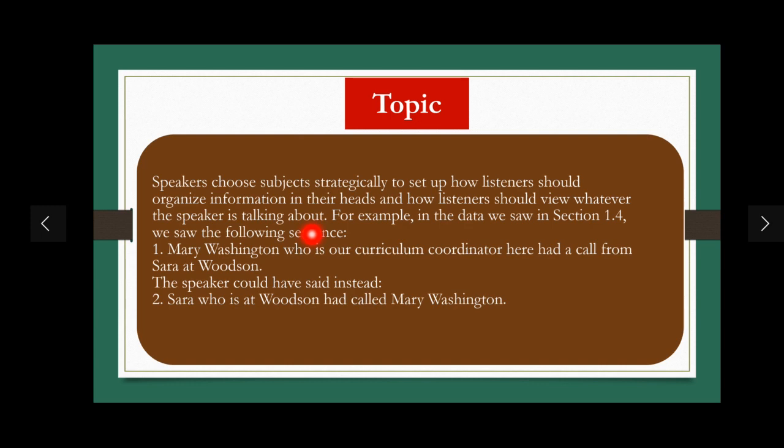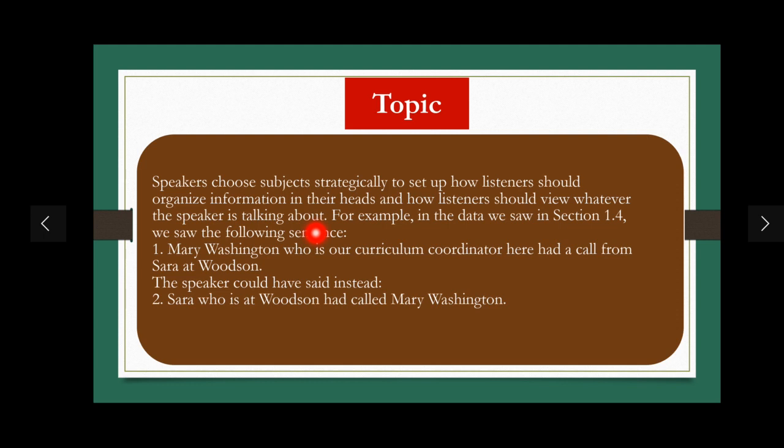Like, "my daughter was admitted to Stanford," okay, or "Stanford admitted my daughter." On the one hand, you say "Stanford admitted my daughter," right? It is in the hand of a speaker or a writer. When you say "Stanford admitted my daughter," the focus of attention is the topic, Stanford.